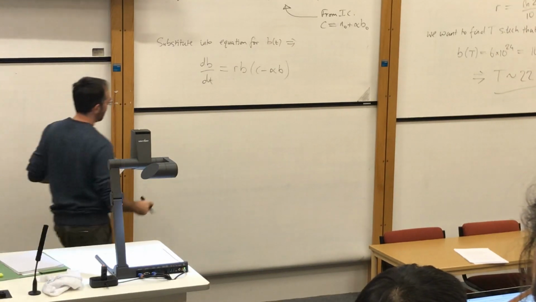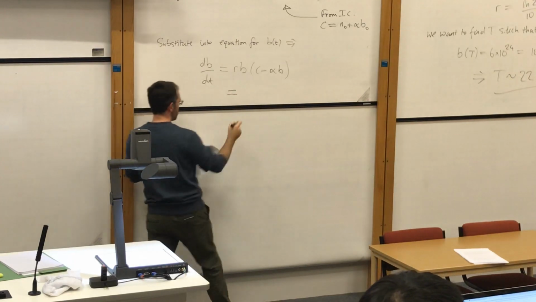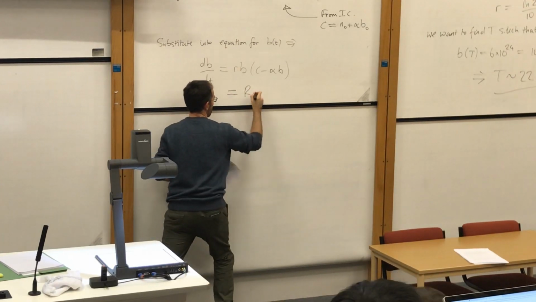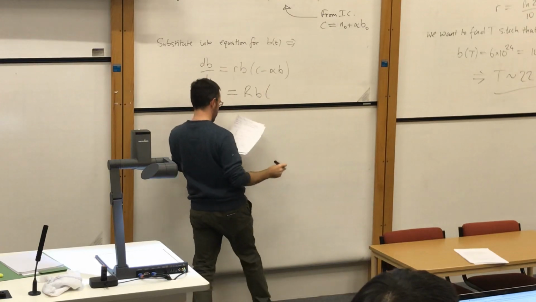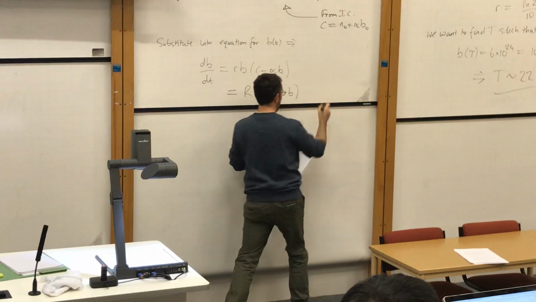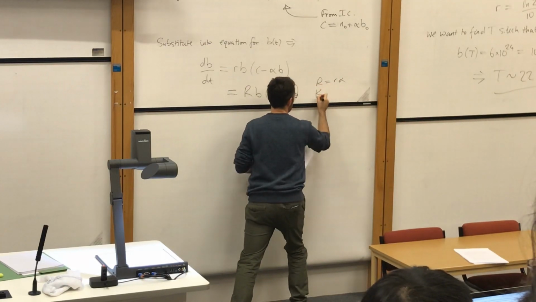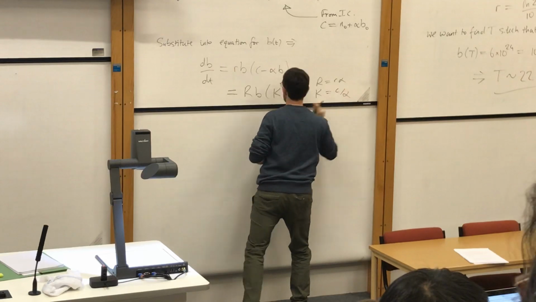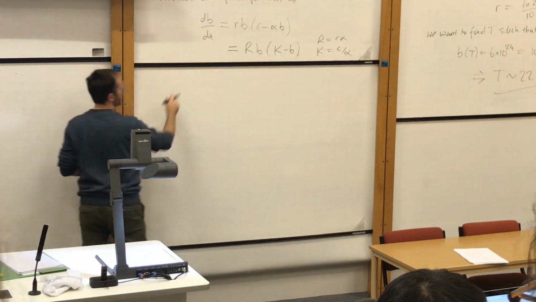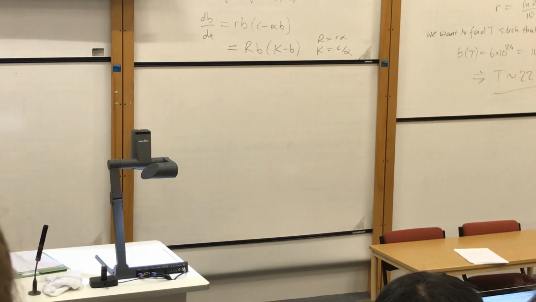It's a lot of parameters there, so let's write that in terms of a couple of parameters: as capital R times b times (B_K minus b), where capital R is equal to R alpha and B_K is equal to c over alpha.